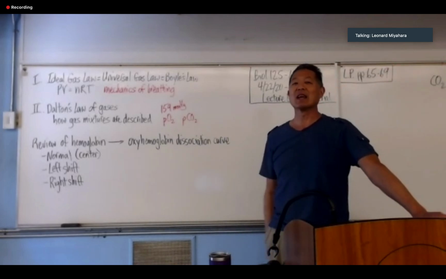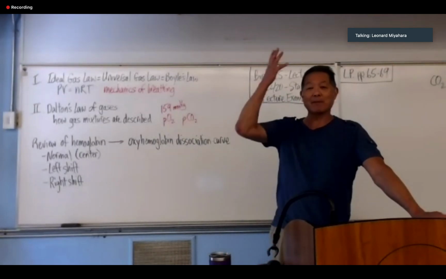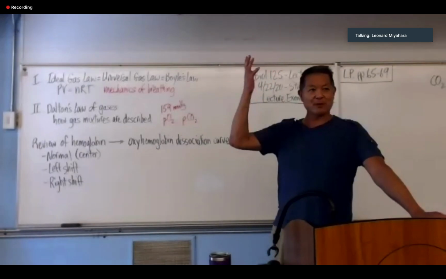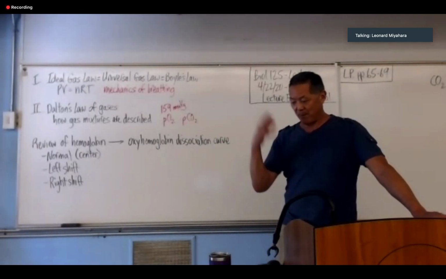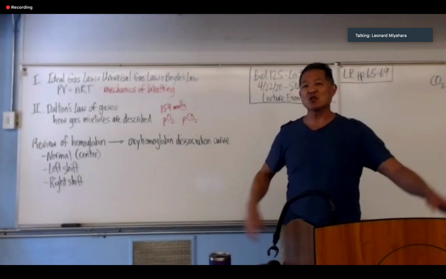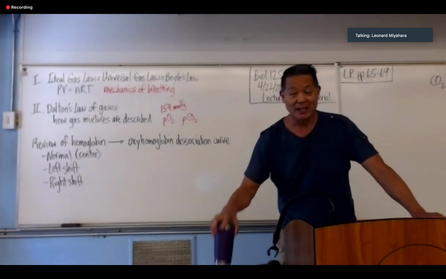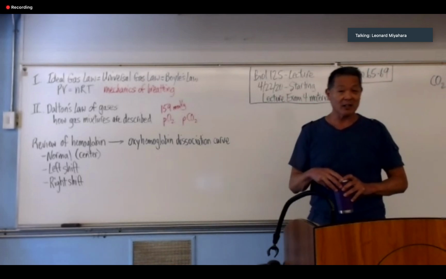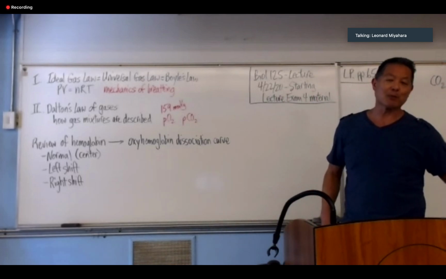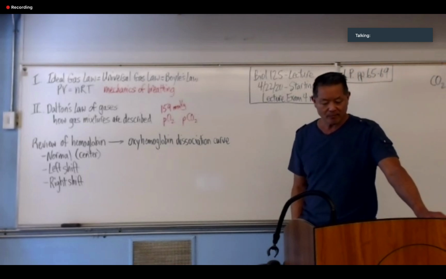That is the bends. If you come up too quickly from deep seas, it's like boom, boom, boom, and all these bubbles start appearing in your plasma. And you're not supposed to have bubbles in your pipes. It's supposed to be all liquid. And that kind of stuff causes problems in capillaries.